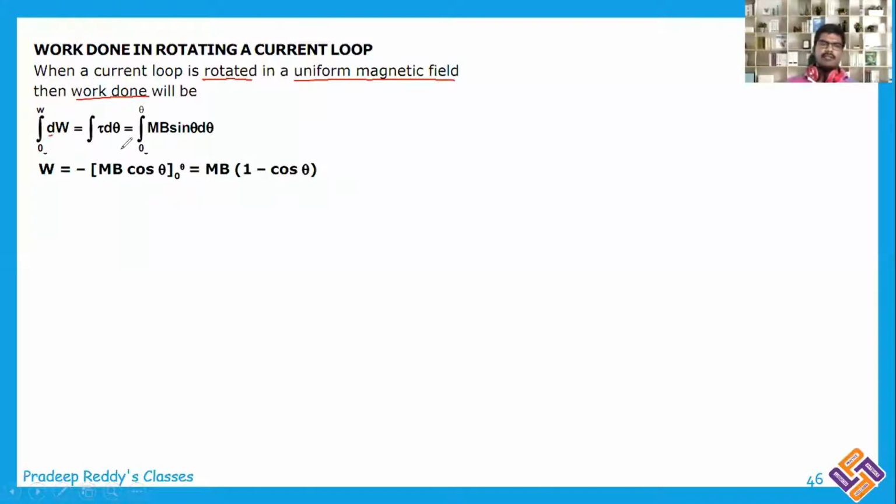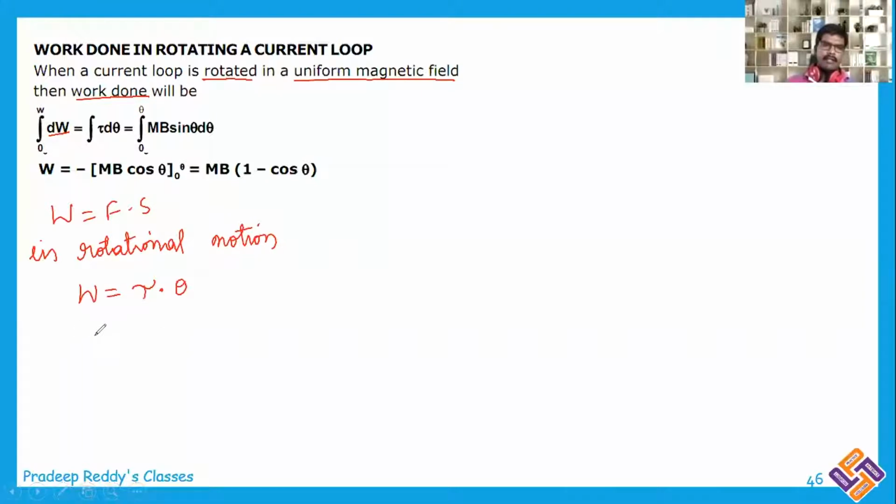We know work done W is equal to force into displacement. In rotational motion, we can write W, where force is analogous to torque and displacement is analogous to theta.